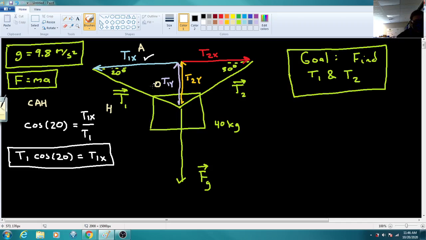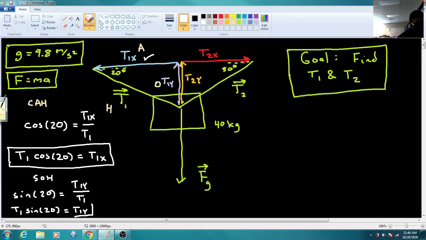So I'm going to repeat the process for O and H, which means I'm going to use SOH, to get sine of my angle equals opposite, which is T1y, over T1. And then the T1 can multiply across, so we'll get T1 sine of 20 is T1y.